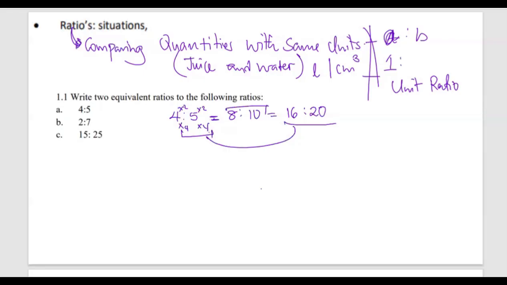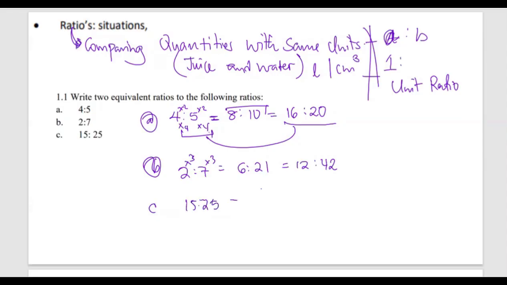All right, then we look at part B. This is A. Part B, we have 2 is to 7. Still, what you do on one side, you do on the other. You can multiply it, so it's the same as this, or the same as that. All right, that's how we do the equivalent fractions. Whereas C, 15 is to 25.